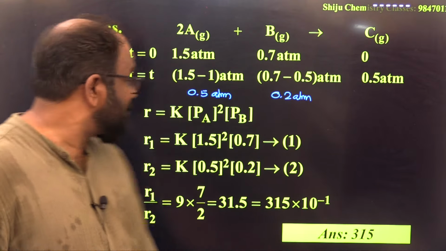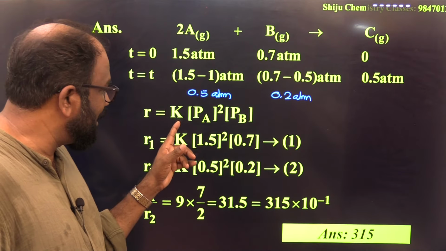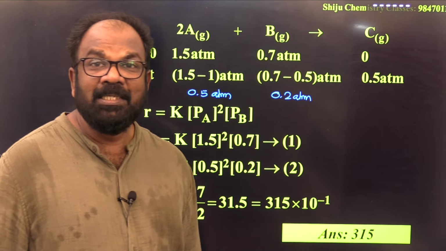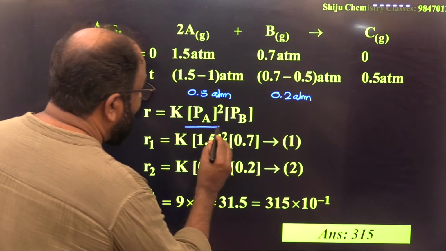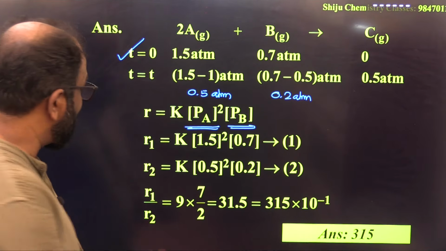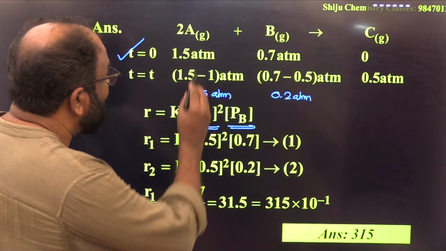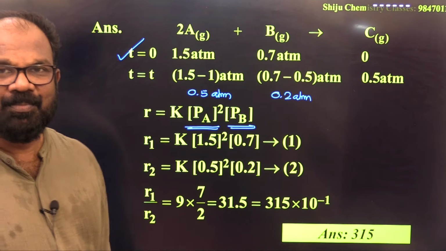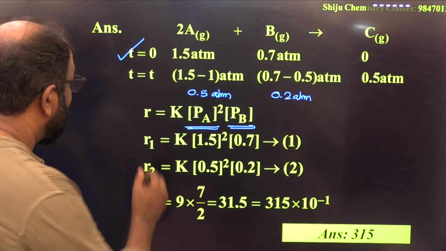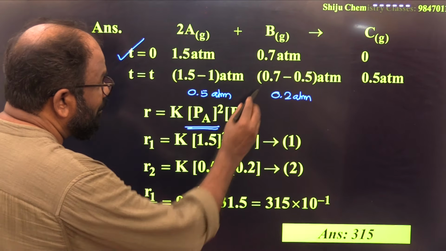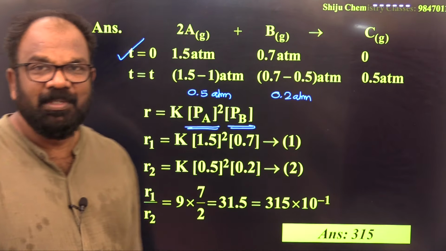We know the rate of reaction R is equal to rate constant K into pressure of A squared into pressure of B. Then substituting the values of pressure of A and pressure of B when time t is equal to 0, the equation becomes R1 is equal to K into 1.5 squared into 0.7. This is equation number 1. After a time t, the equation becomes R2 is equal to K into 0.5 squared into 0.2. This is equation number 2.